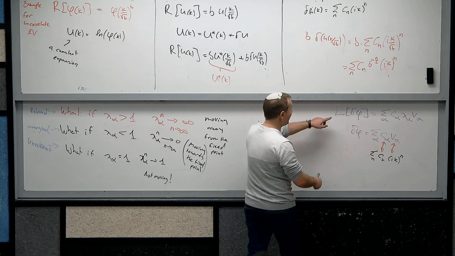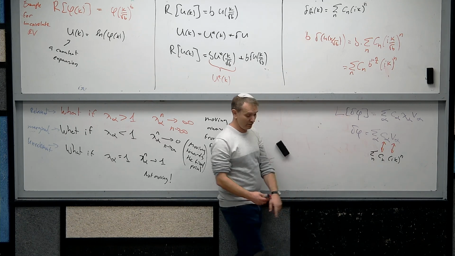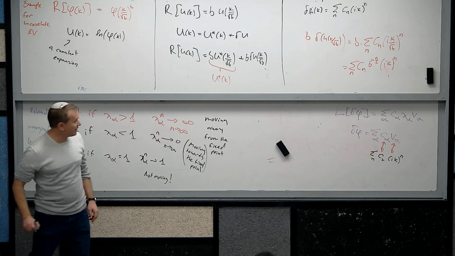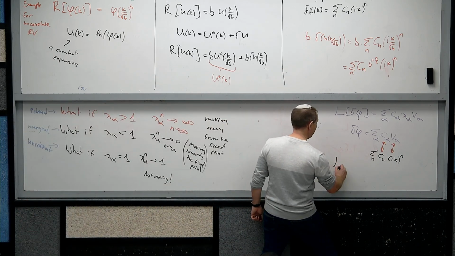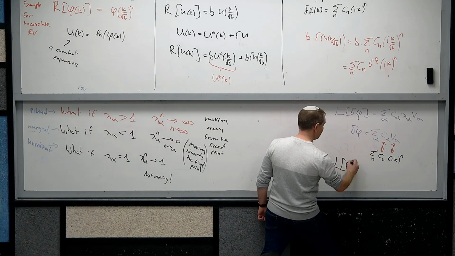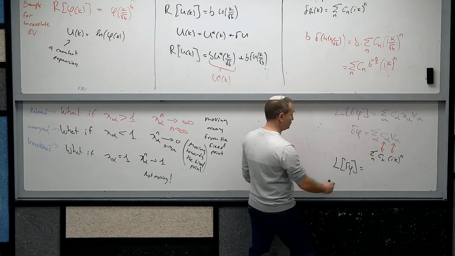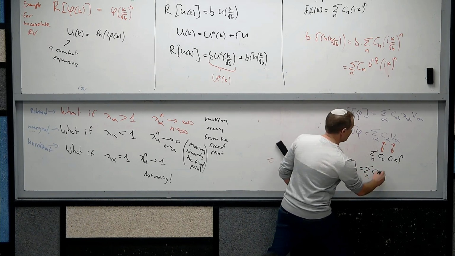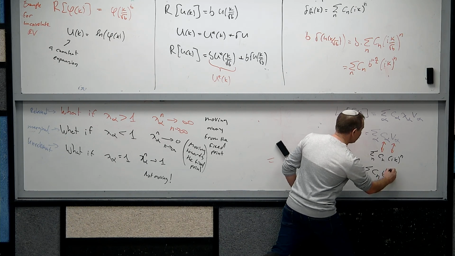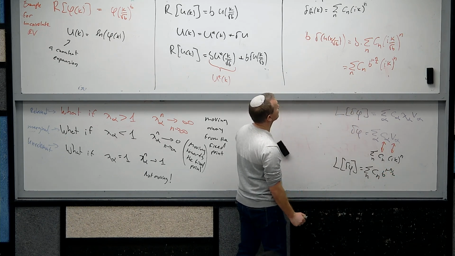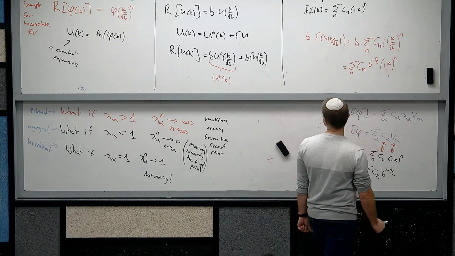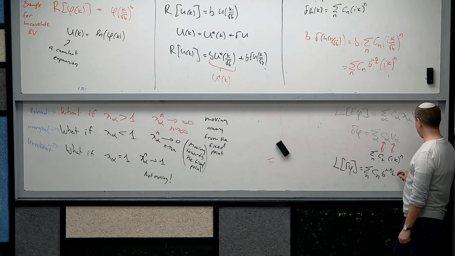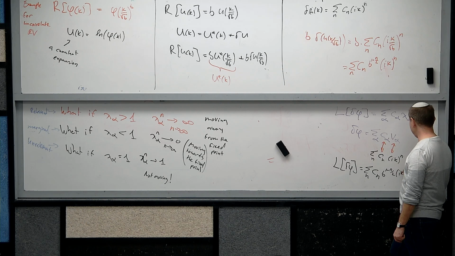When I apply L on delta phi, I obtain L multiplied by delta phi equals the sum over n of C of n, b to the power 1 minus n divided by 2, and here I have ik to the power n.